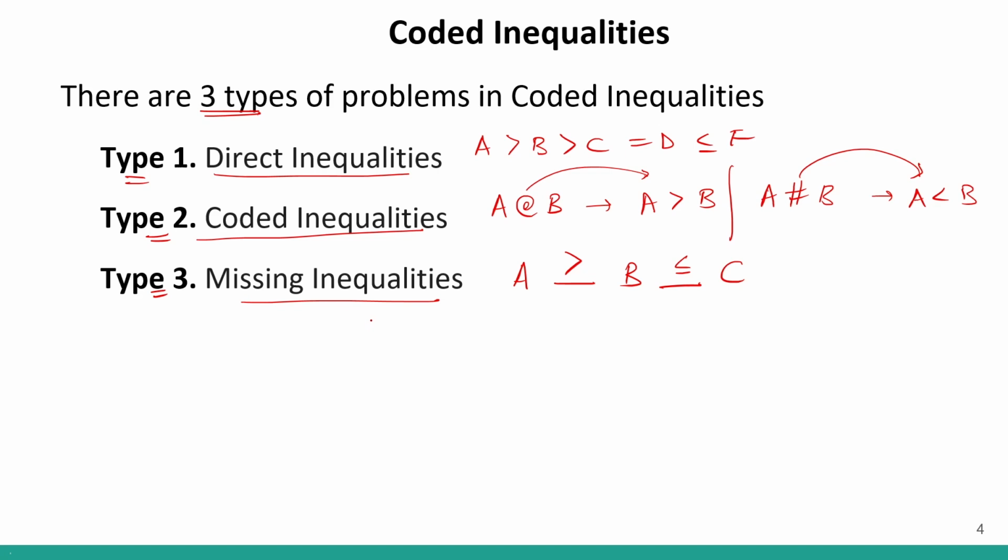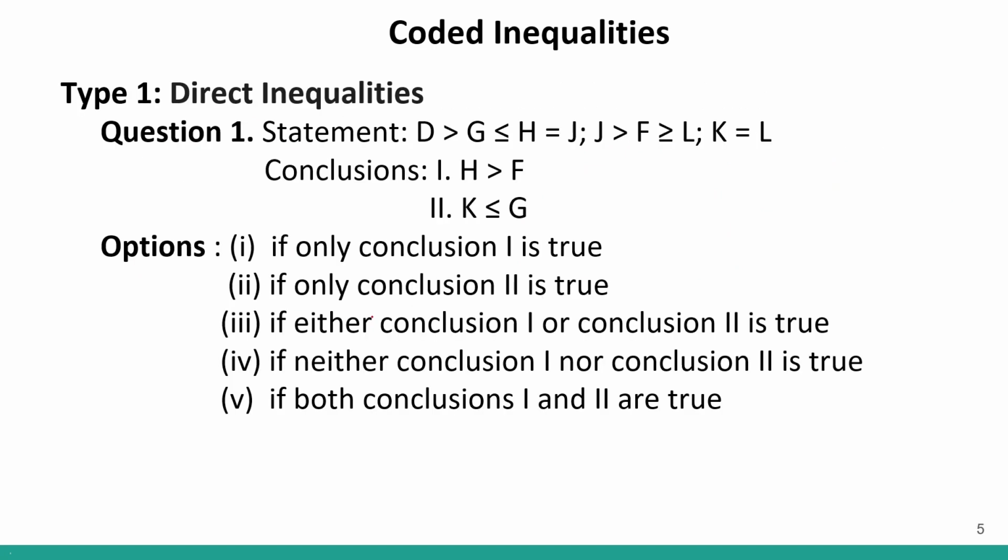Let us start by understanding type 1, direct inequalities. Over here, whenever you get a question like this, always move from the bigger door to the smaller door. What do you mean by this?